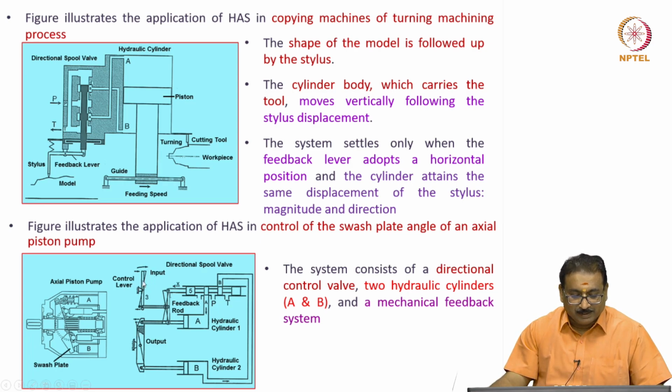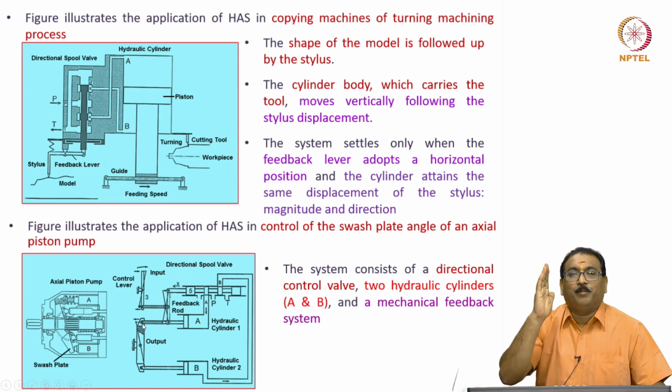For example, friends, when I push this spool valve, the flow comes from the pump and comes here. Then you will see both are hinged. Due to this pushing, it will make the feedback, it will make it vertical. Whenever it is vertical, no flow.